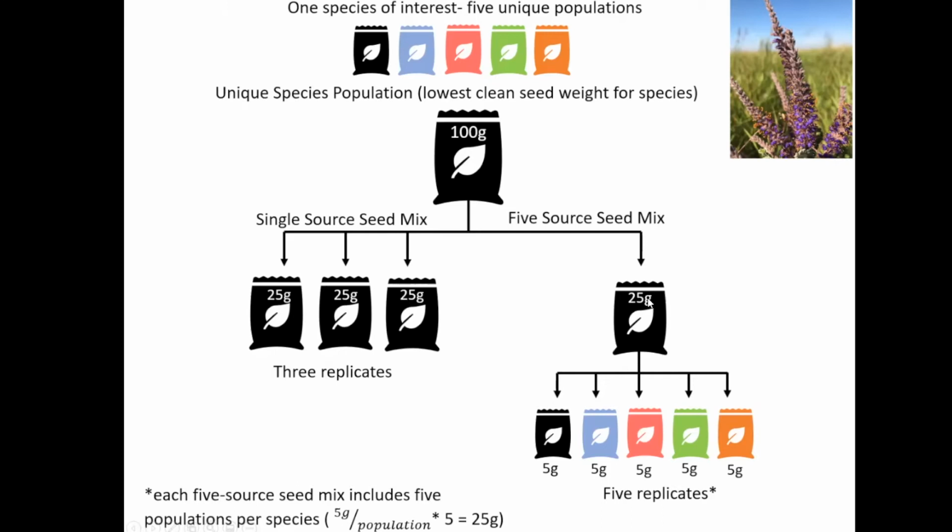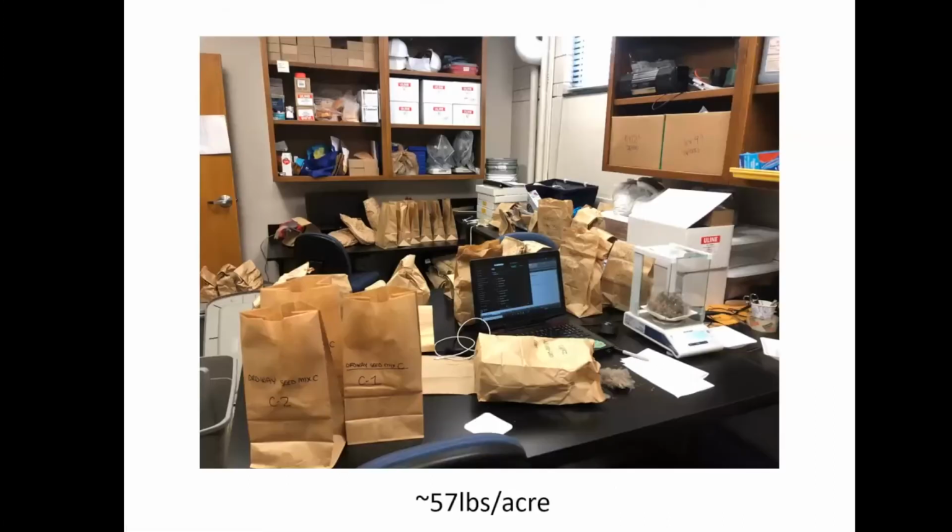I then took my leftover amount of that 1 source and divided that by 5, because my multiple source plot includes all 5 unique populations of that 1 species. So in total, it's the same proportional rate. It's just that the 5 source mix includes 5 unique populations for that 1 species.